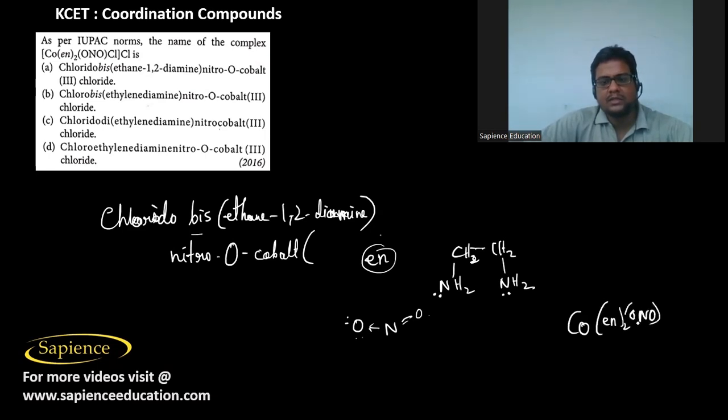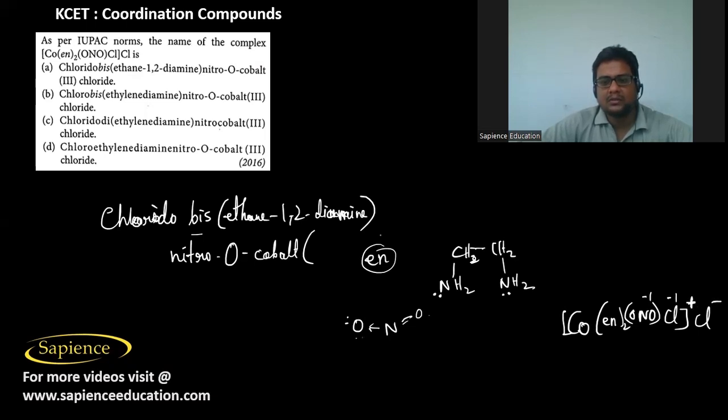En2ONO Cl. So here the net charge of this complex is -1, and chloride is in -1 oxidation state, ONO is in -1 oxidation state. So it is plus here and Cl minus.